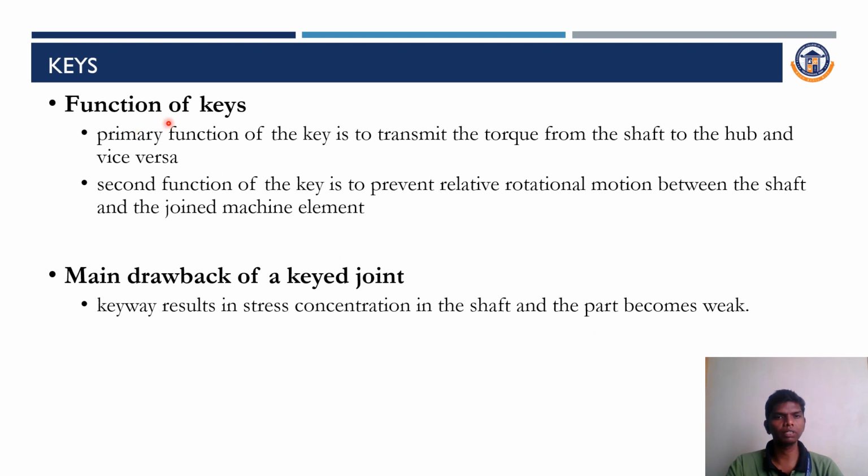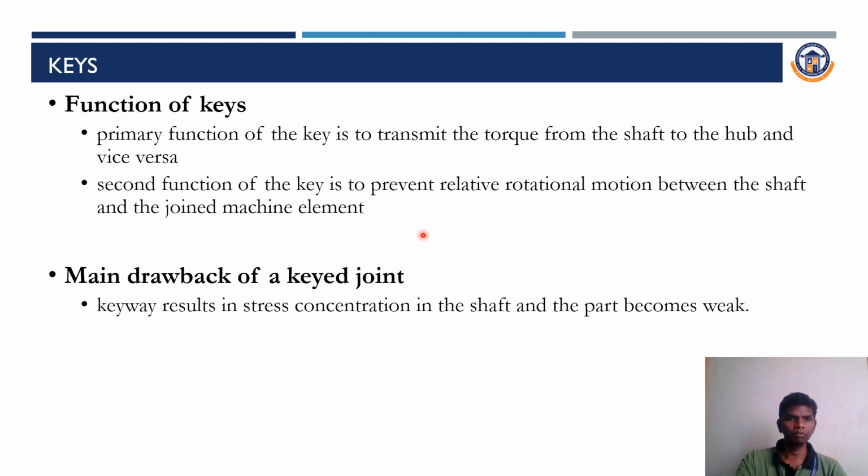The primary function of the key is to transmit the torque from the shaft to the hub and vice versa. The second function of the key is to prevent relative rotational motion between the shaft and the joined machine element.